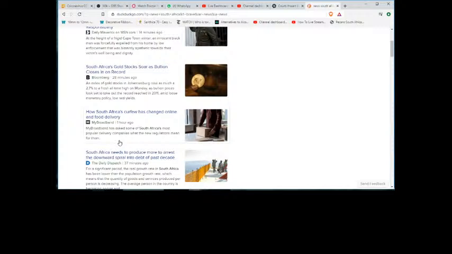So when we look at story generation, you can ask, how is COVID lockdown affecting South Africa? That's too big to write about. You have to pick one little aspect, focus on it, and write it well. Like this: how South Africa's curfew has changed online and food delivery. It's one little thing, but it's one thing that people can focus on and think about.